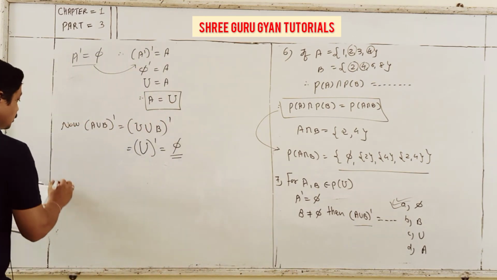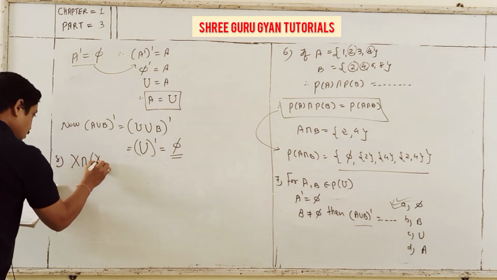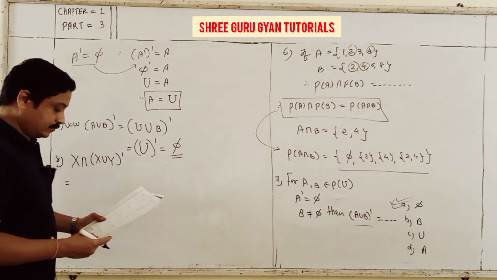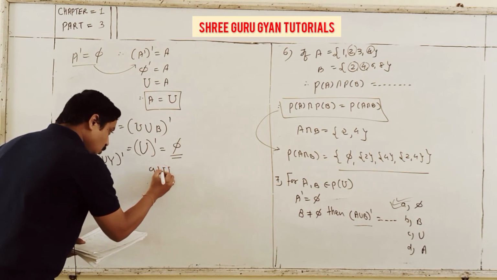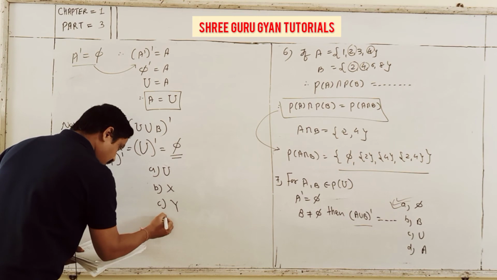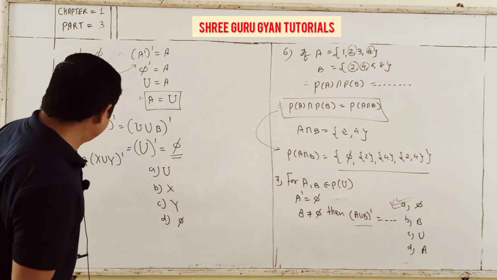Similarly, question number 8. X intersection, X union Y whole dash. Now the same is going on here also, options tick mark. P of U, P of X, Y, and P of the null set. So same as I explained.